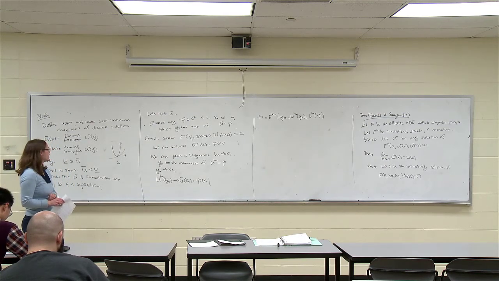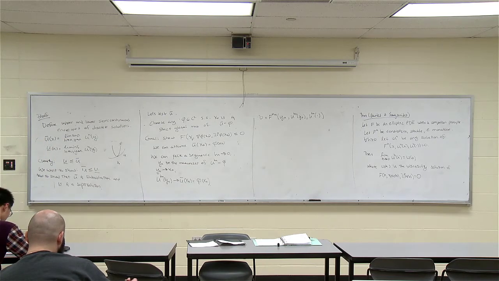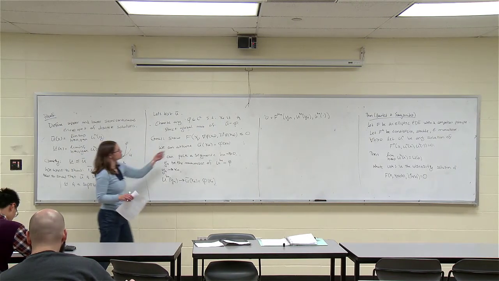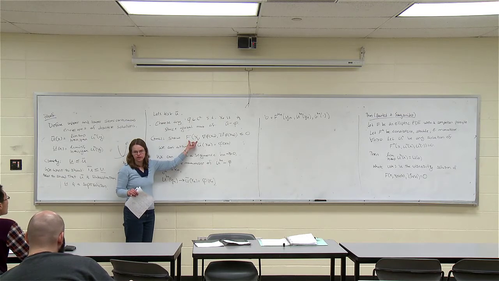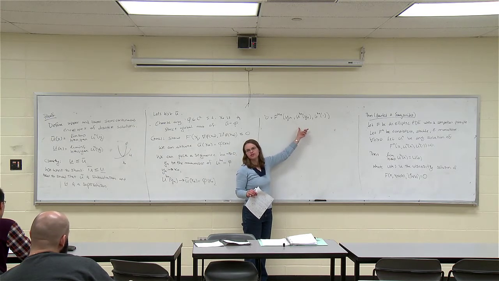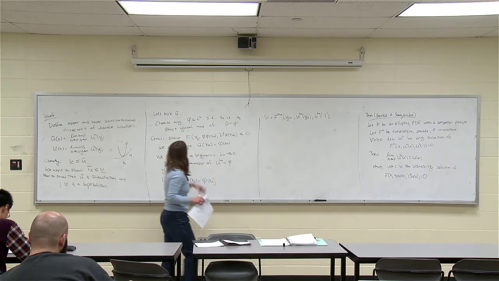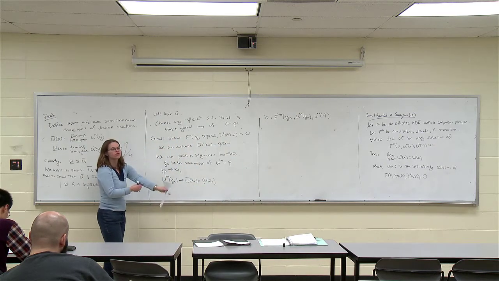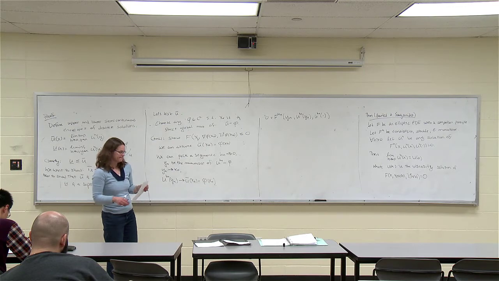Okay, so this is what I know. I also know where I'm trying to get. I'm trying to show something about how this operator acts on phi, right? So I'd kind of be happier if I was plugging phi into the scheme. If I was plugging phi into the scheme, then I could say, based on consistency, I take limits, and I recover my PDE operator. So I need to make phi's pop out here somewhere.